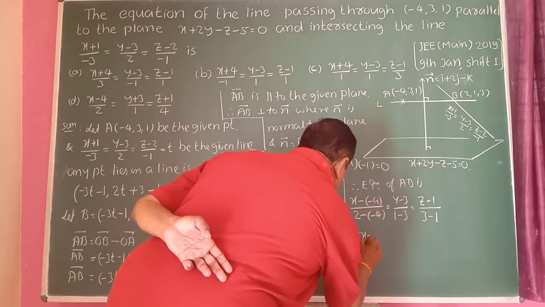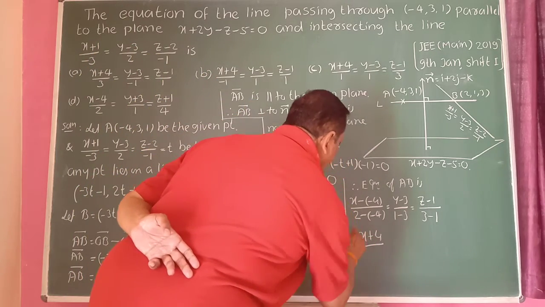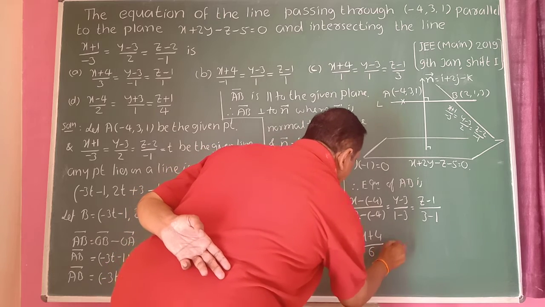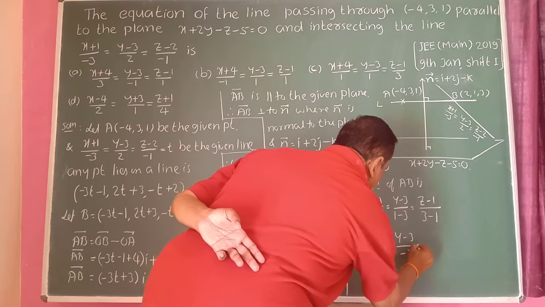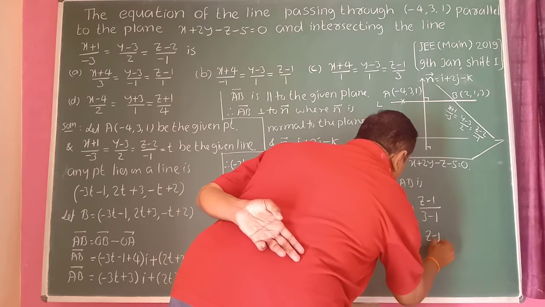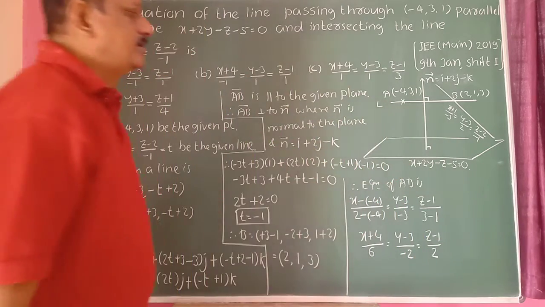Therefore (x + 4)/6 = (y - 3)/(-2) = (z - 1)/2.